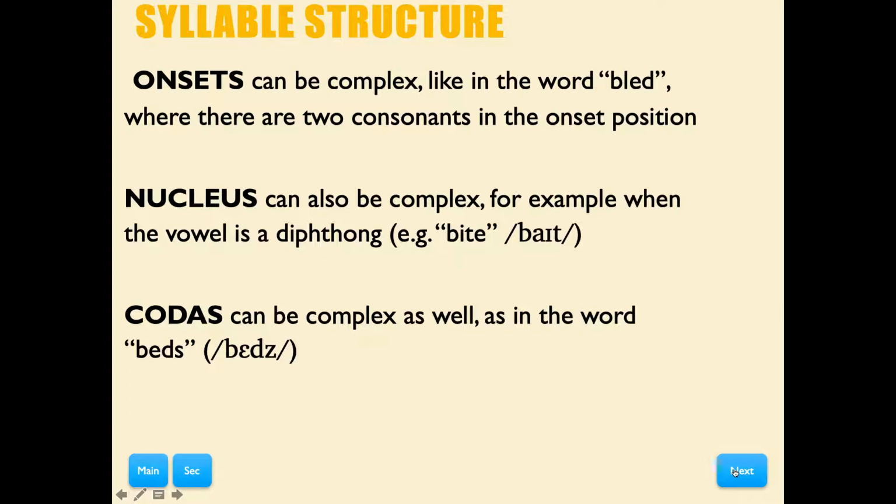We call this complex because there is more than one consonant at the end in the codas, or more than one consonant at the beginning in the onsets. Now, these complex onsets and codas, in particular the codas, are sometimes very problematic for people like me who speak Spanish as their first language.